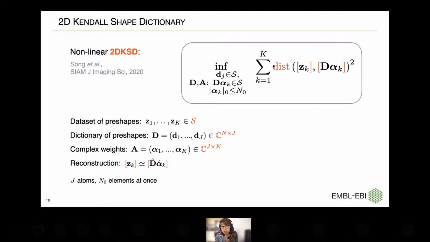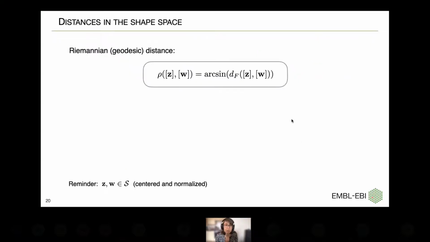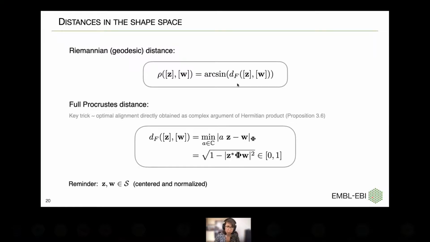We can use a bunch of different distances on the shape space. And let's just now have a look at what we could use. So there is obviously the geodesic distance, so really the distance on the manifold between these 2 points. And we can notice that this guy is a function of another distance called the Procrustes distance that some of you may know.